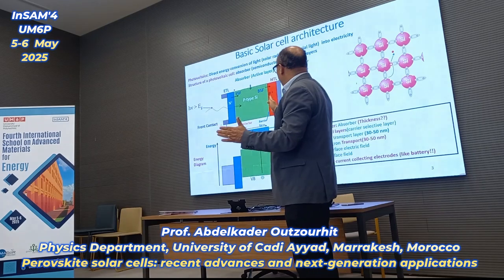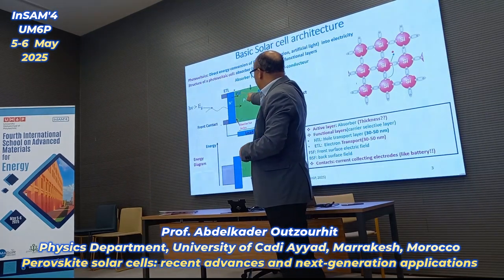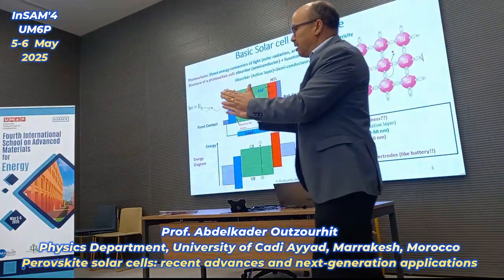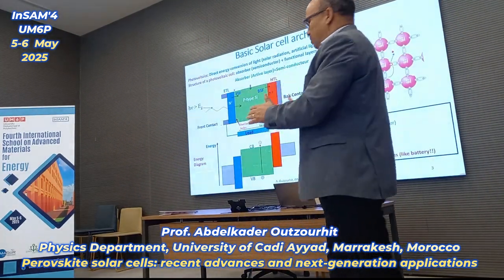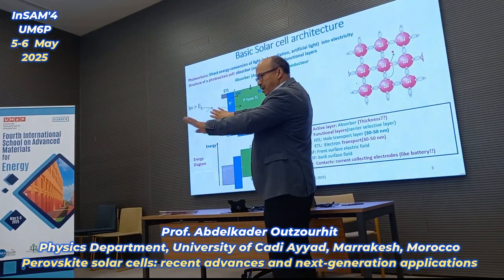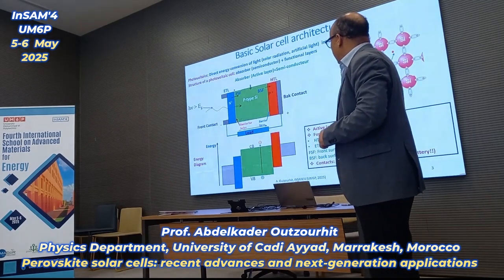So you have to sandwich the absorber between two functional layers, the blue one and the red one. The blue one is the layer that allows us to extract the electrons, and the red one allows us to extract the holes. That way, we separate and collect the carriers.